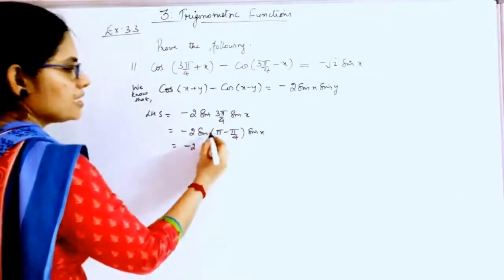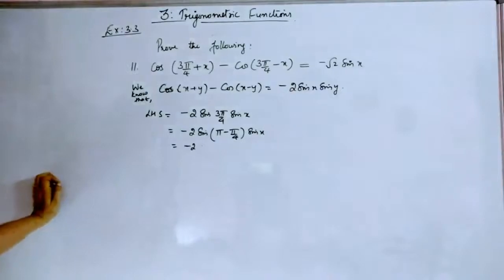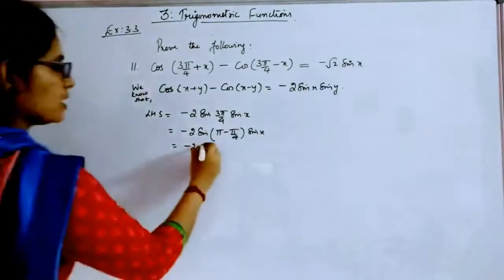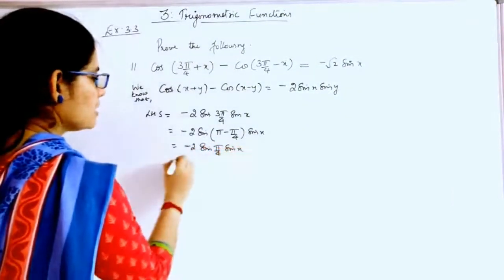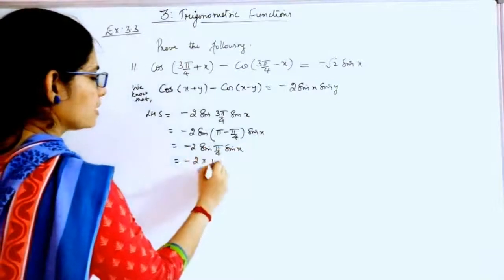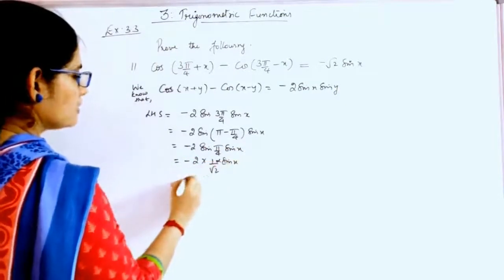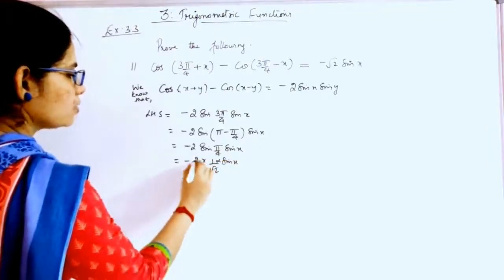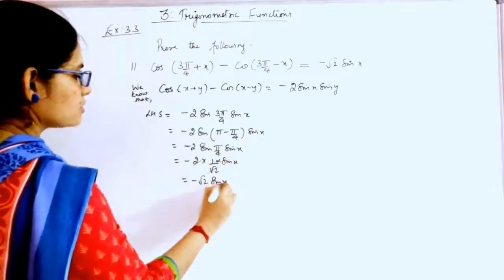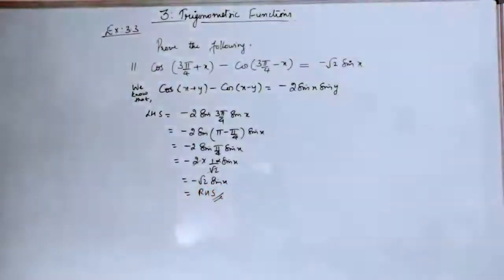Again sin of pi minus x is sin x, and it is in the second quadrant. In second quadrant sin is positive, so you get sin pi by 4 into sin x. Now what is sin pi by 4? It is 1 by root 2 into sin x. Okay, so that you will get it to be, this 2 gets cancelled and you will get minus root 2 sin x. So it is minus root 2 sin x, which is your RHS. Okay.